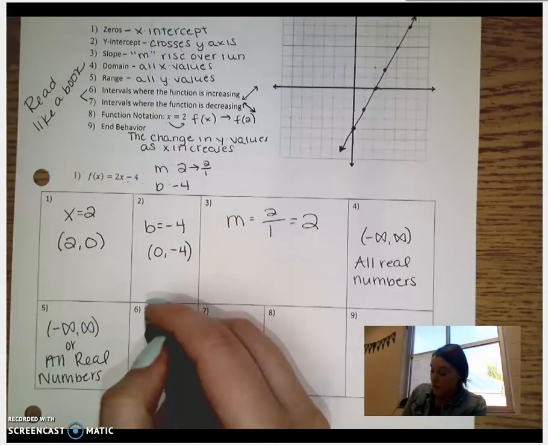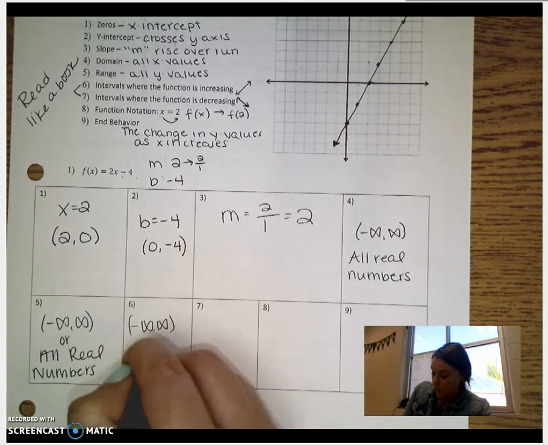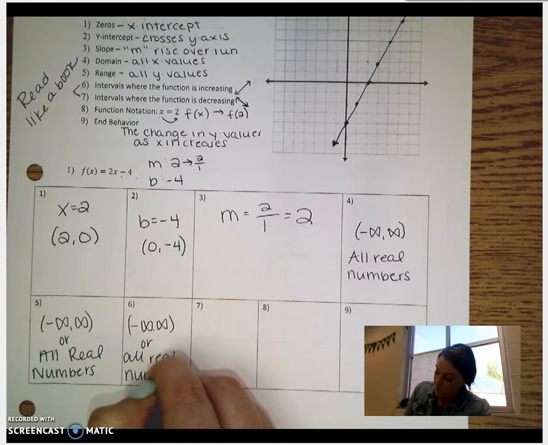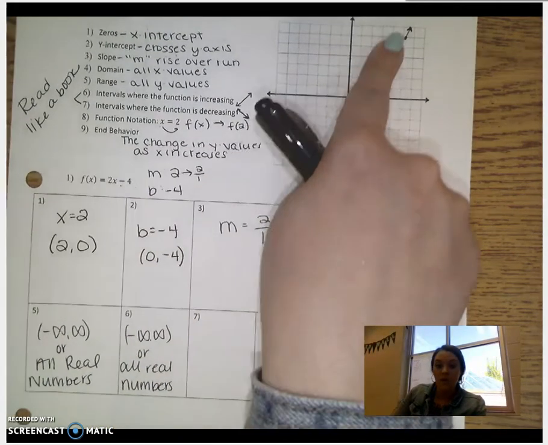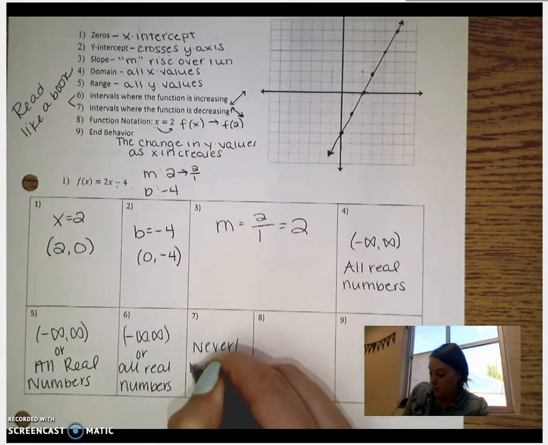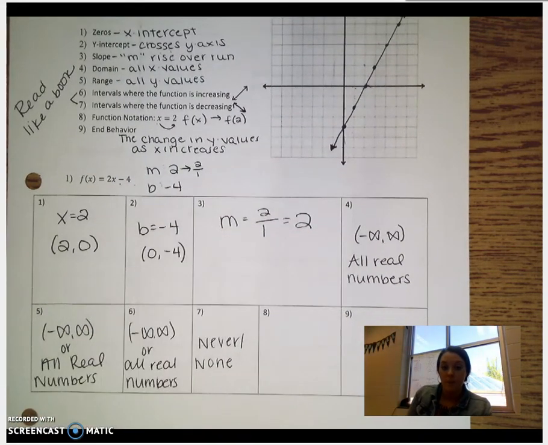So it's increasing from negative infinity to positive infinity, or all real numbers. When is it decreasing? Well, if it's always going up, it's never, or there are no decreasing intervals for this function.